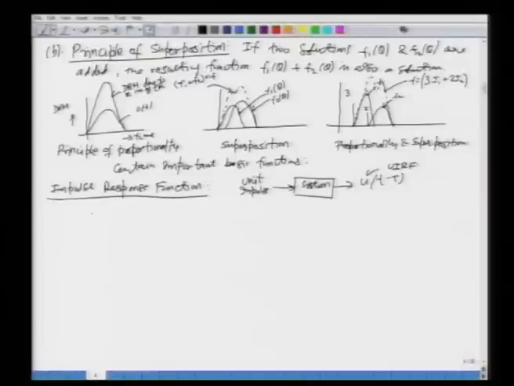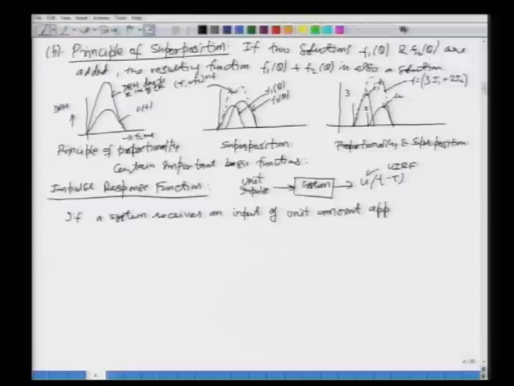All right. So, let me then say that if a system receives an input of unit amount applied instantaneously, let me put that in quotes, an input of unit amount applied instantaneously.